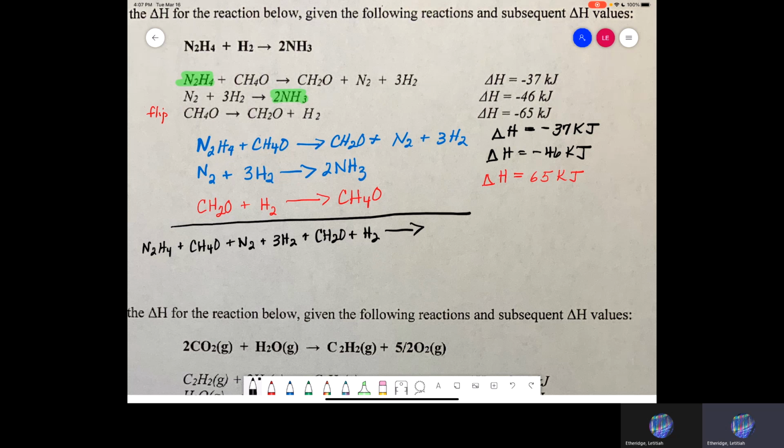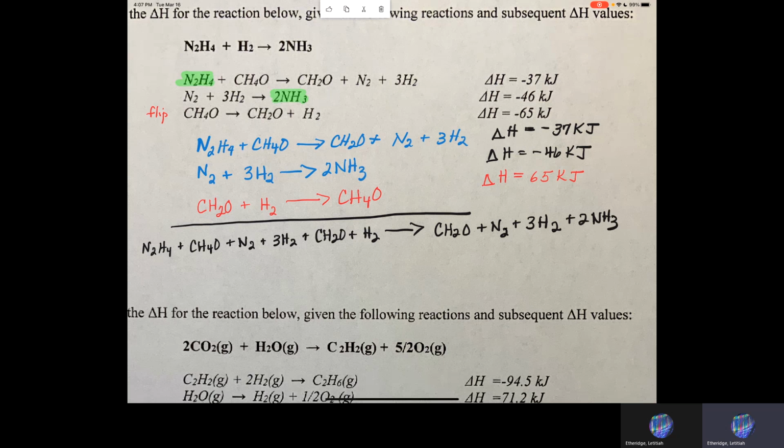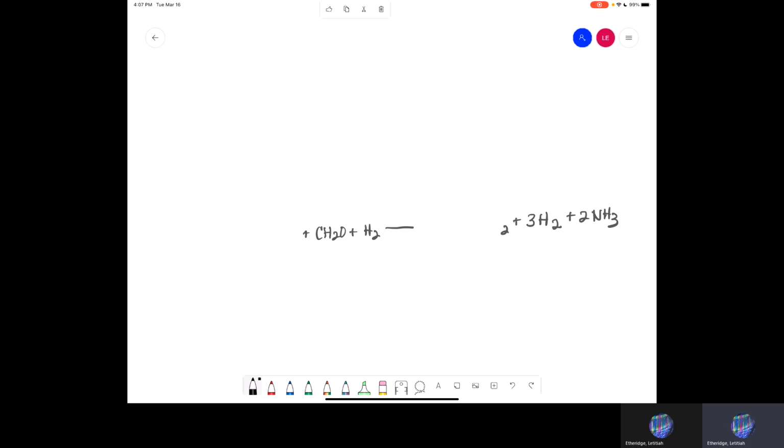Okay, and then on the other side, I have CH2O plus N2 plus 3H2, and that'll be plus 2NH3.